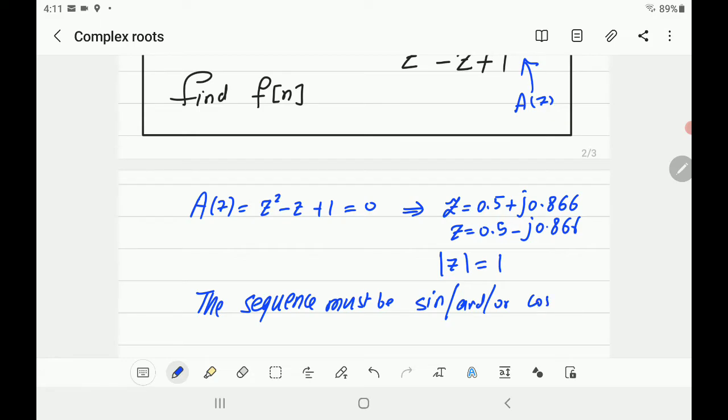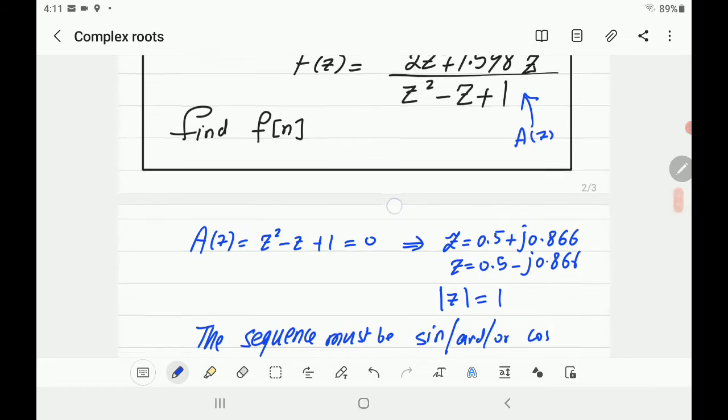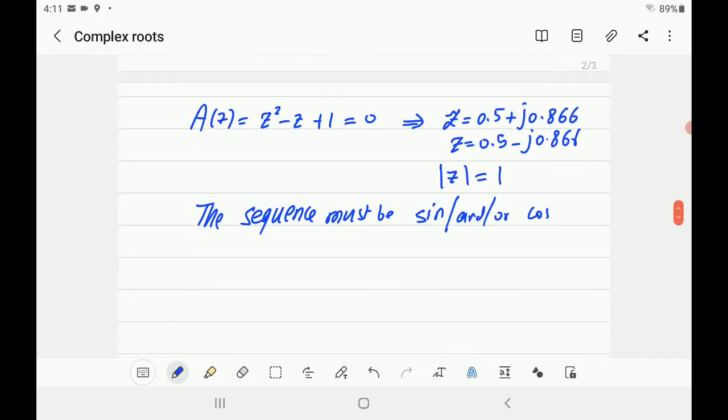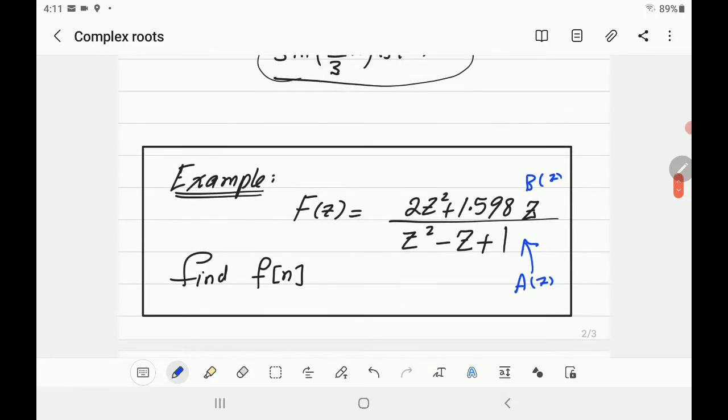Okay, so what are we supposed to do? Well, you already found the roots, so you can say that the real part x is equal to 0.5 and the imaginary part is equal to 0.866. Now I want to look at the top part. Don't worry about it. Just go to the table and find the sine and the cosine.